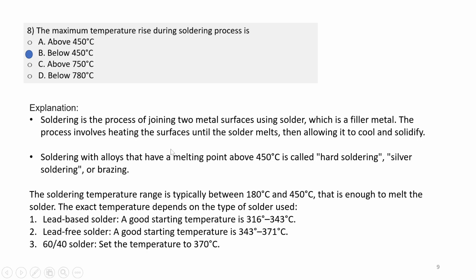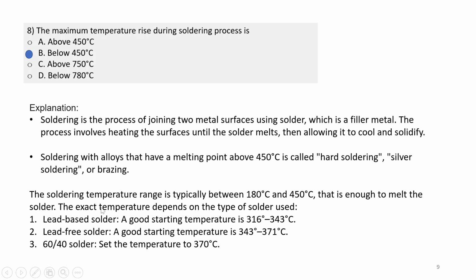Soldering with alloys that have a melting point above 450 degrees Celsius is called hard soldering, silver soldering or brazing. The soldering temperature range is typically between 180 to 450 degrees Celsius, which is enough to melt the solder. The exact temperature depends on the type of solder used.